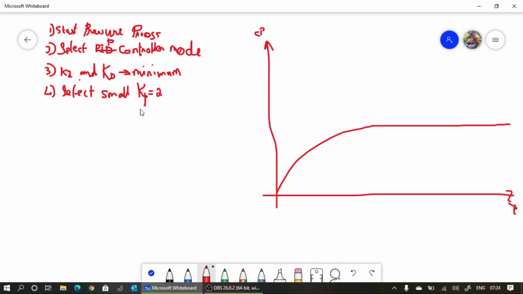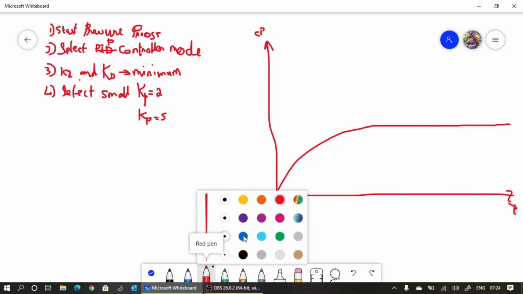You picked Kp equal to 5, right? With Kp equal to 5, the speed of rise is increased. We can select another color.